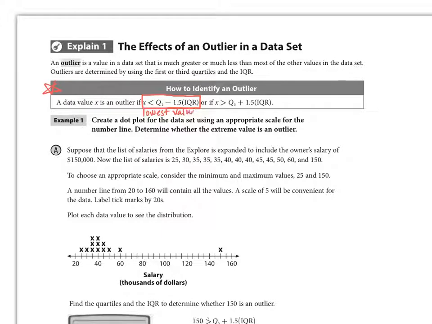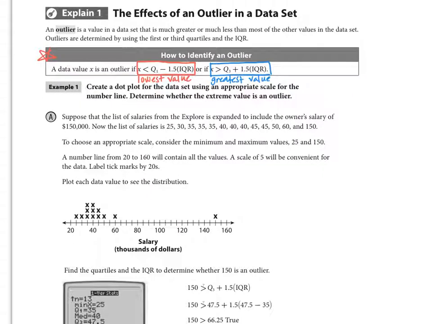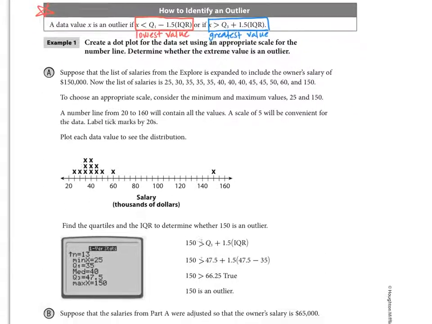If we feel like the lowest value is an outlier, we'll use that formula. And we're going to use this formula if we feel like the biggest value looks like it's an outlier. This is more or less a test to see if it is or isn't an outlier. And only the biggest or the smallest value can be outliers. No numbers in the middle can be outliers.